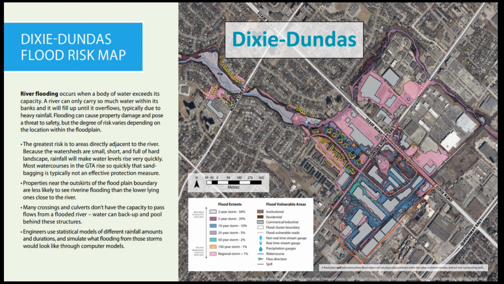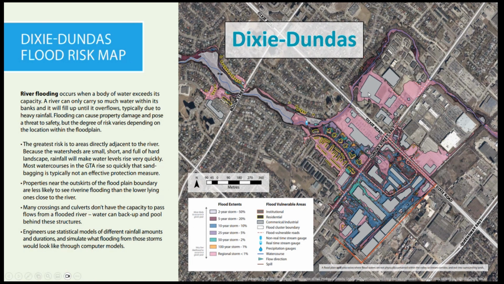To read more on the Flood Vulnerable Cluster portal site, you can click the corresponding page name for Dixie Dundas below on PPG's landing site for this module too. We can also see here the flood extents for this flood map and see the sheer number of flood vulnerable areas. We can see that a large percentage of them are commercial or industrial properties, shown at the intersection of Dixie Road and Dundas Street East, both just south, east, to the left, to the north, and to the upper east side.